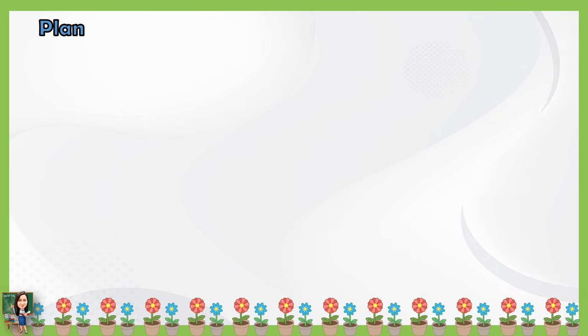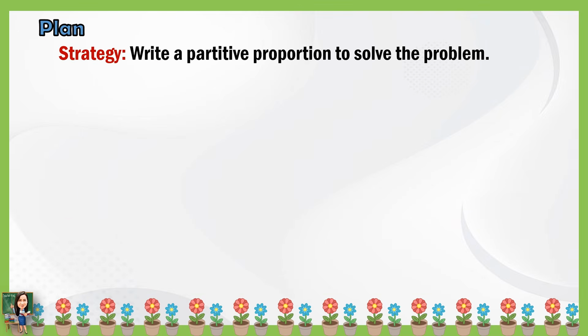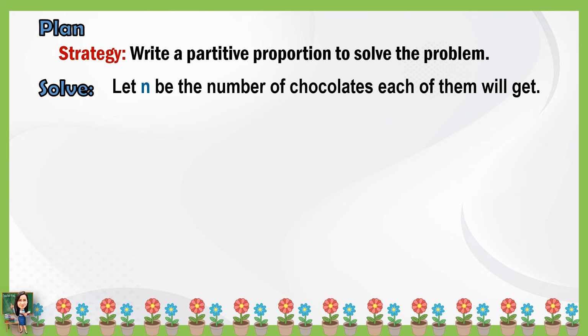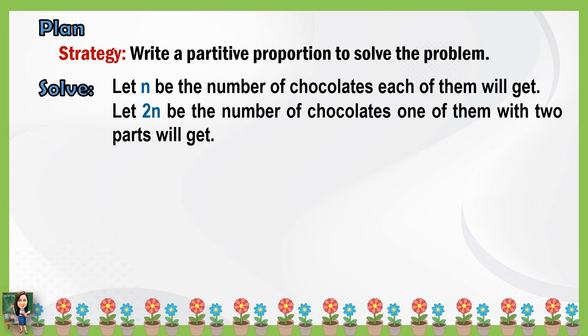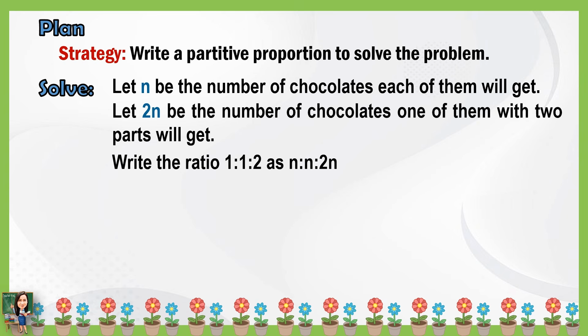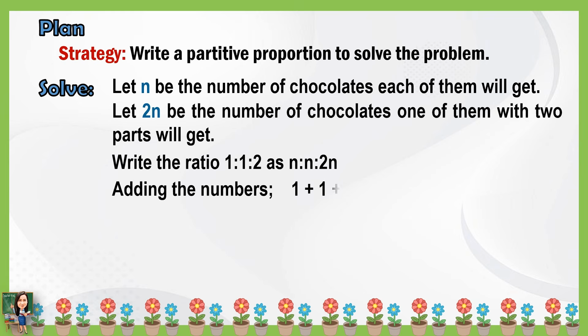So now, plan the problem. The strategy is to write a partitive proportion to solve the problem. Let's solve. Let n be the number of chocolates each of them will get. Let 2n be the number of chocolates the one with 2 parts will get. Write the ratio 1:1:2 as n:n:2n. Adding the numbers, 1 plus 1 plus 2 equals 4.